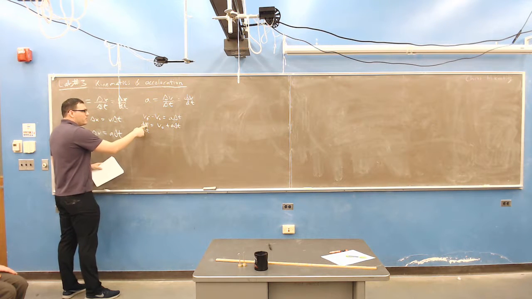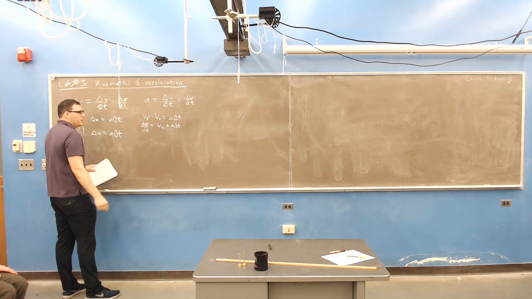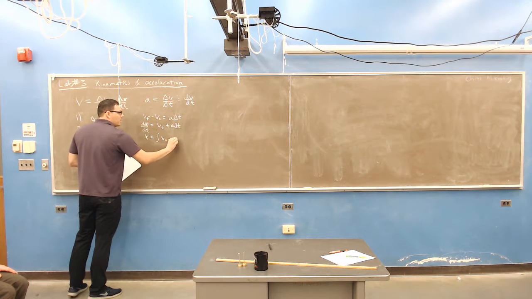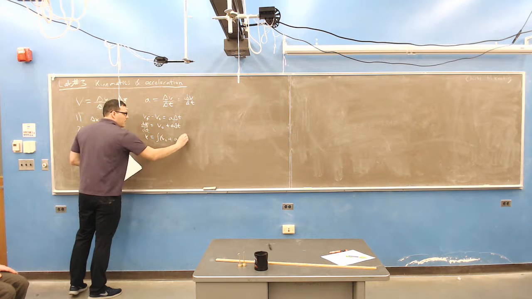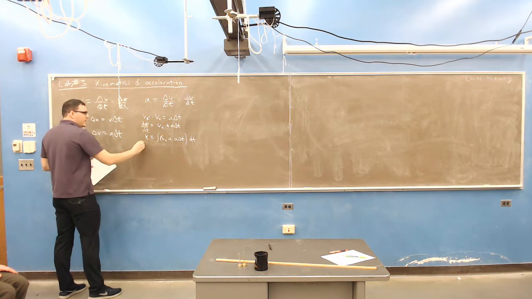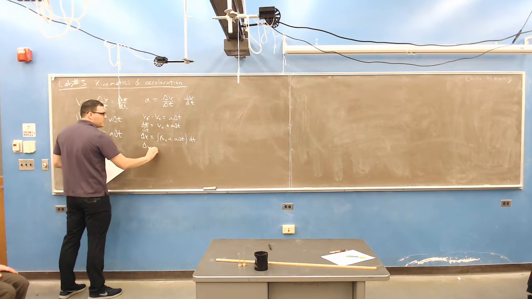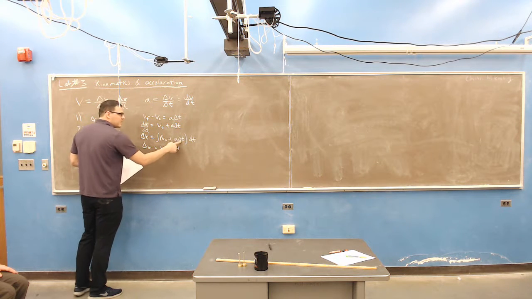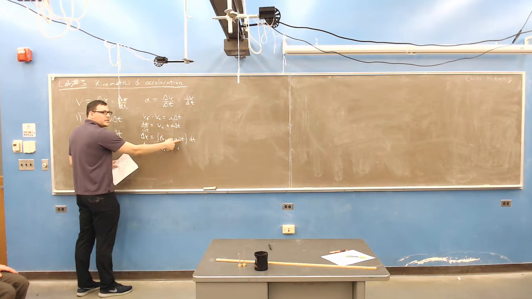So how do you solve for x? Well, you integrate with respect to t, and we find that the change in x is equal to v naught delta t plus, how do we integrate delta t with respect to t?